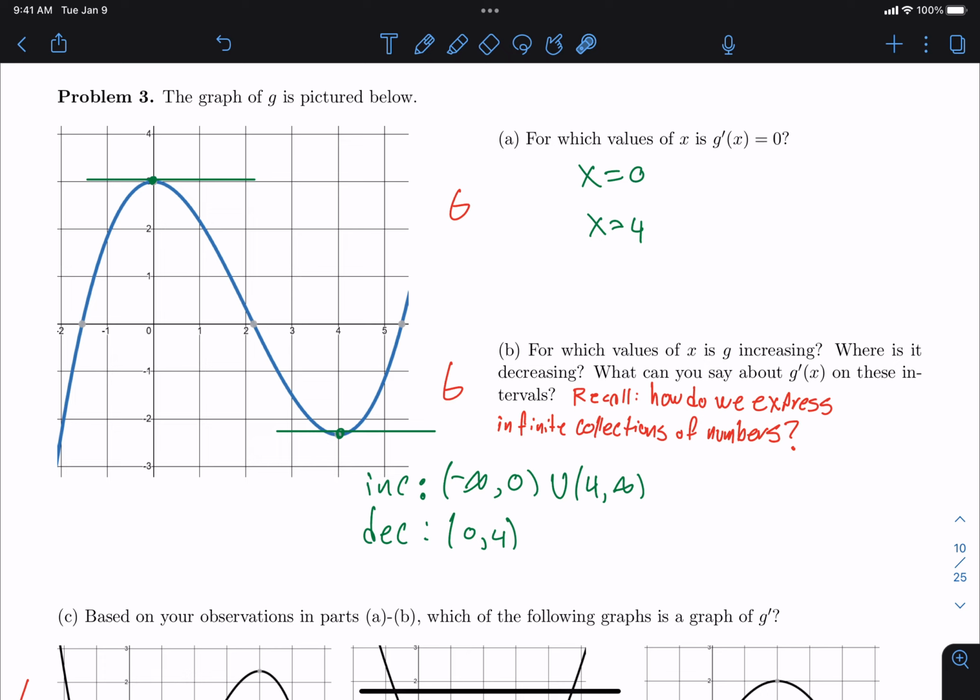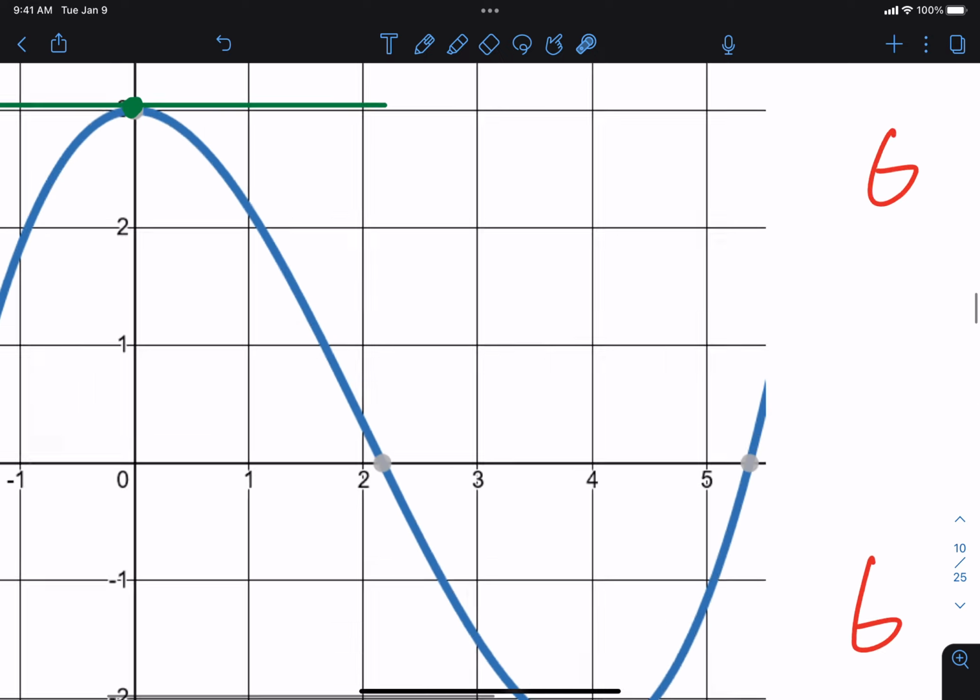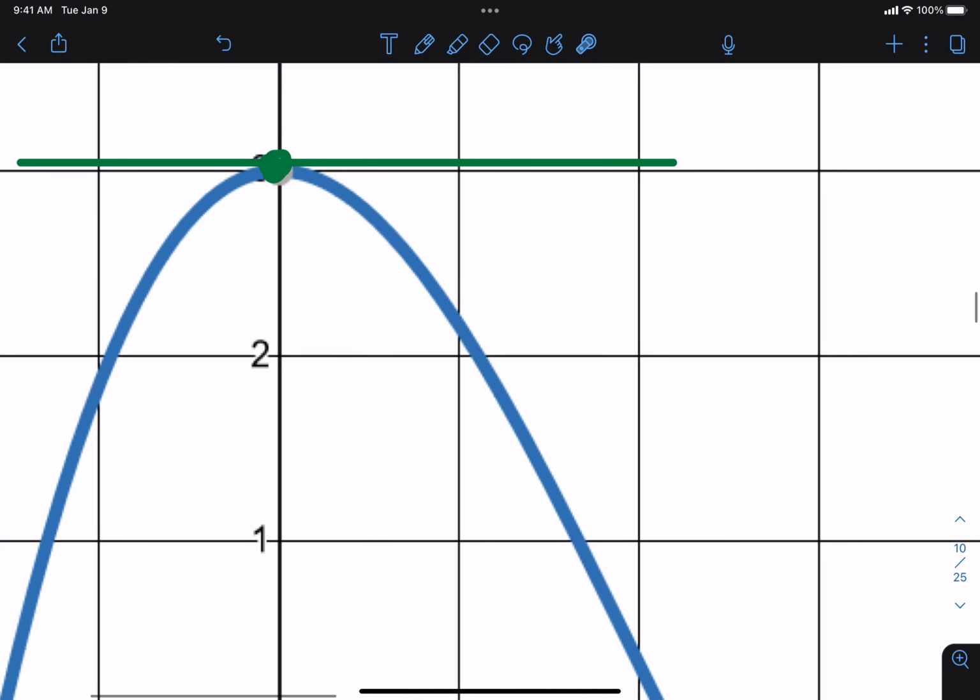I can only say that I am increasing at a point in terms of where I just came from and where I am going to thereafter. If I look at the point up here, if I approach from a leftwards direction, I'm increasing. But if I leave the point from a rightwards direction, I'm decreasing.